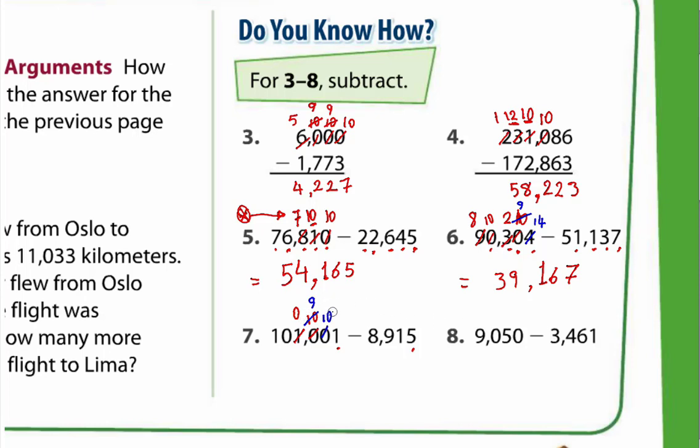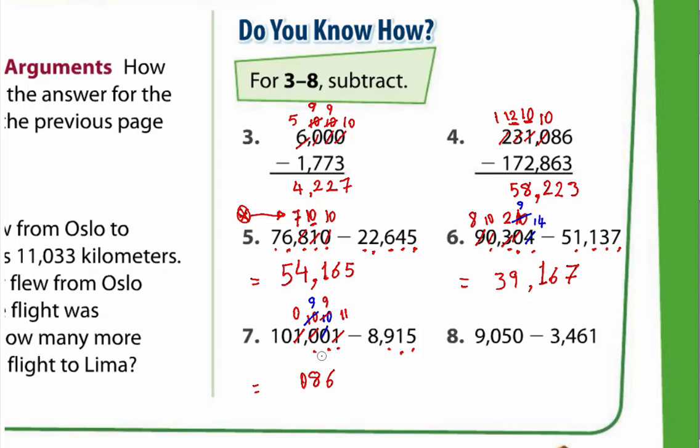The 0 will be 9. The 1 will be 11. Great. 11 minus 5 is 6. 9 minus 1 is 8. 9 minus 9 is 0.